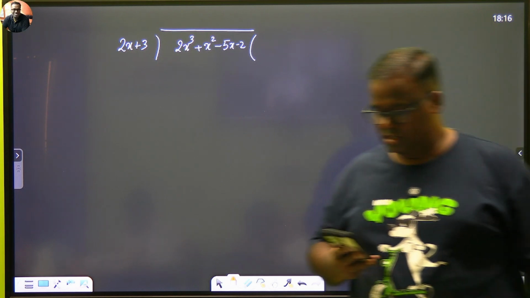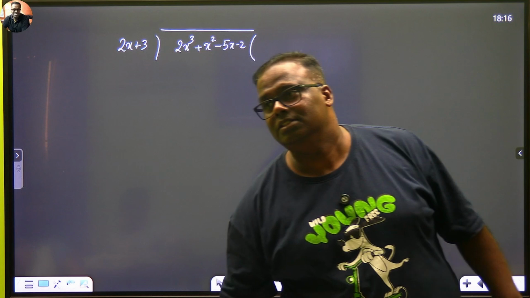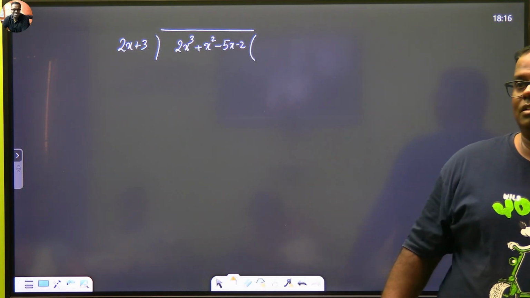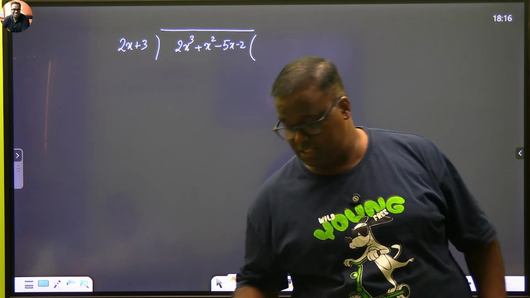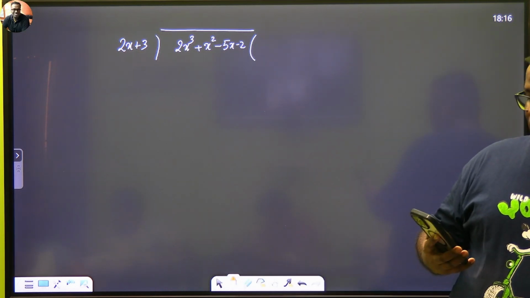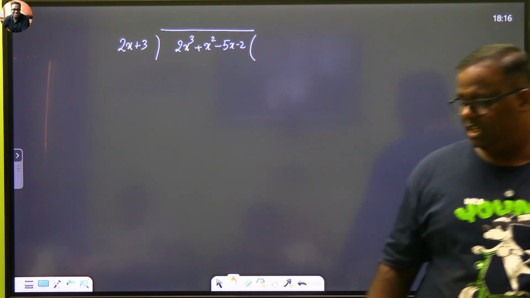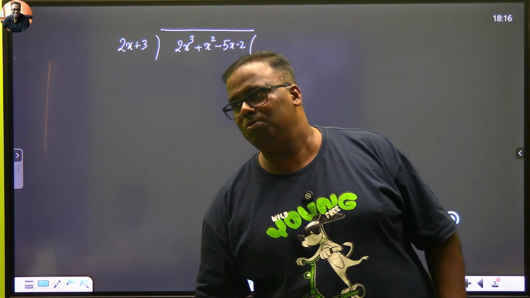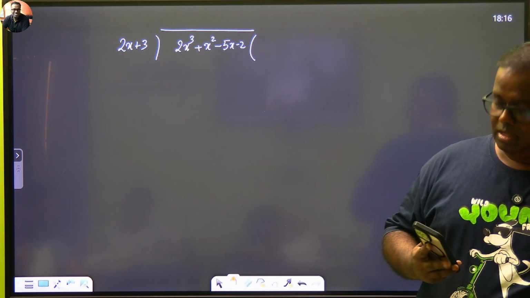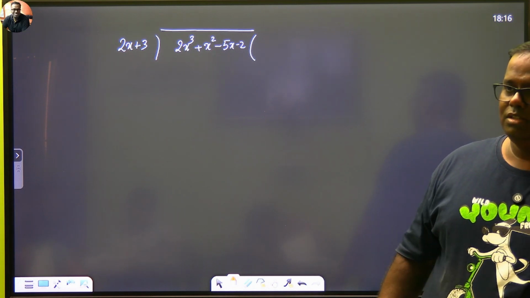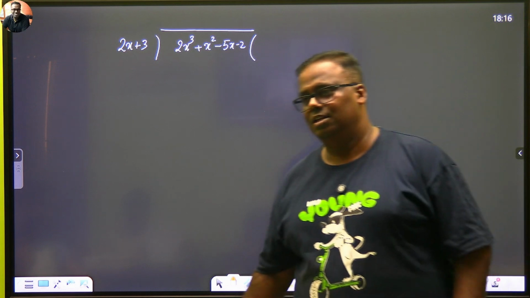Now 76 more runs required. 2 wickets in hand. Now Jadeja is batting. Jadeja, Bumrah, and this fellow, and Siraj. Siraj is in the pavilion.